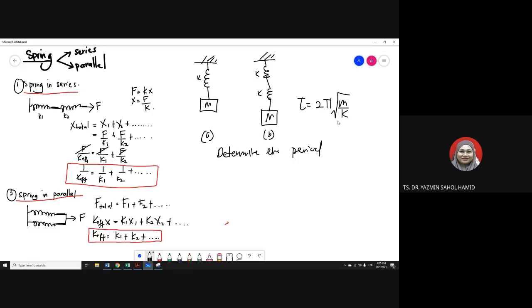That formula you remember. Now we focus on picture B first. So 1 over K effective will be 1 over K plus 1 over K. Right? So it will be 2 over K.